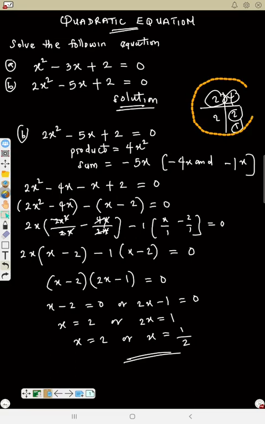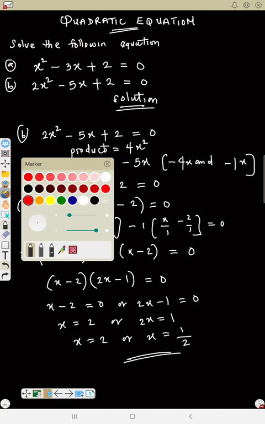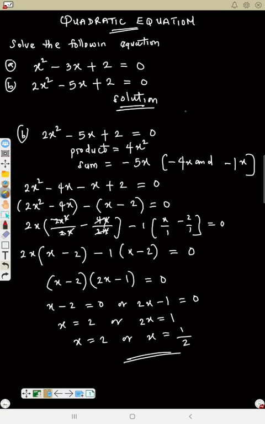Now if you use the short method, we have the two factors. What are the two factors? The two factors are minus 4 and minus 1. Those are the two numbers we use. Now change the sign.